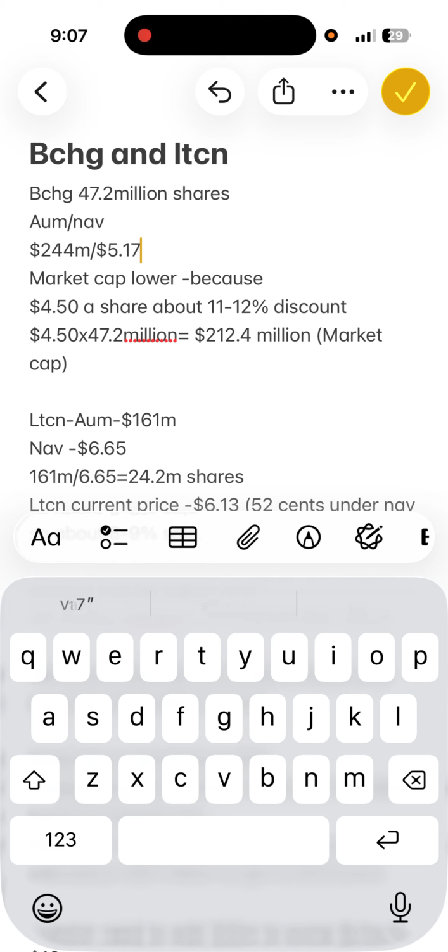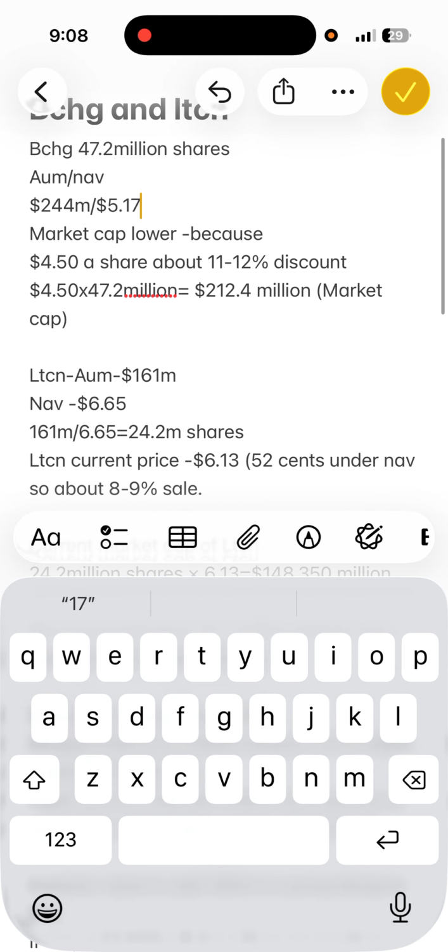And compared to 244 million, that means it's about $32 million cheaper than NAV of BCHG. So if you divide 212 by 244, I would estimate about an 11 to 12% discount, which is under NAV prices.